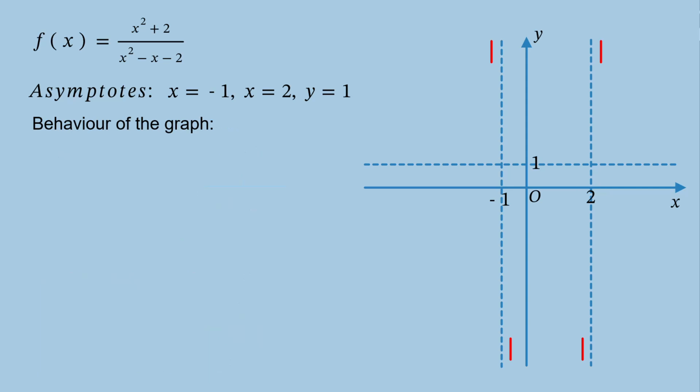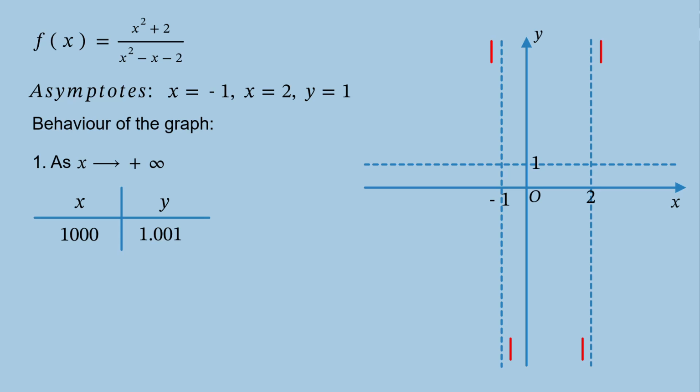Now, considering the behavior of our graph as x approaches positive infinity, I will take a very large value of x, like x is equal to 1000, and substituting it into the equation, we get a corresponding y value of 1.001, which means that as x becomes large, it will be approaching the graph from slightly above y is equal to 1.